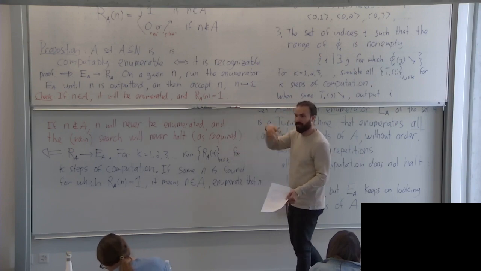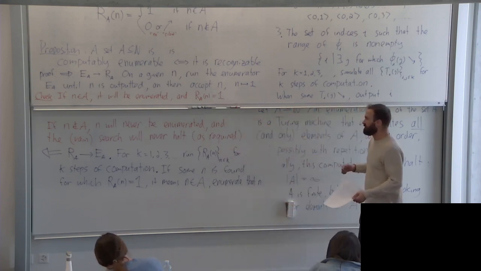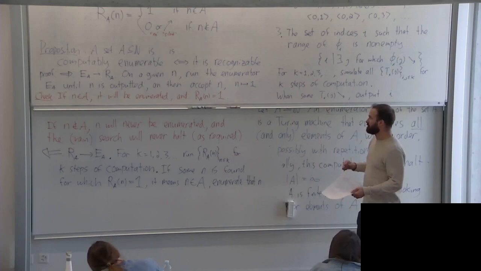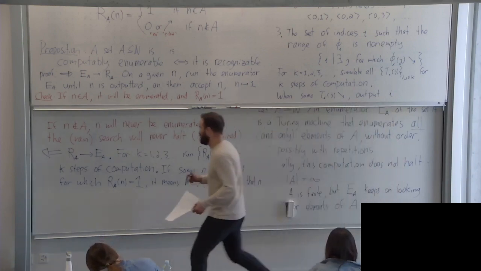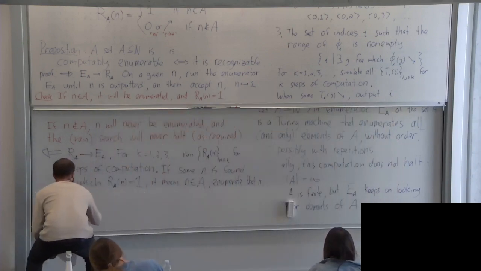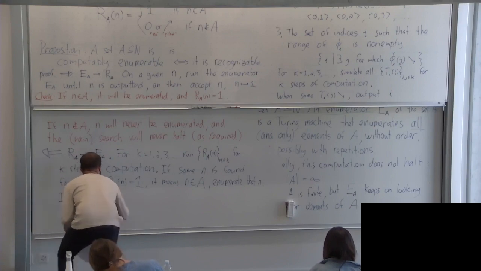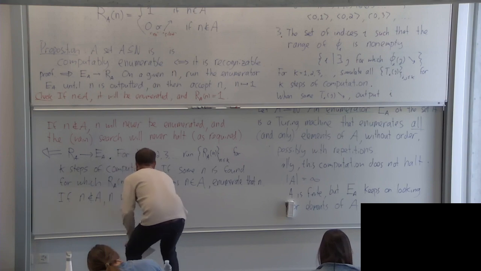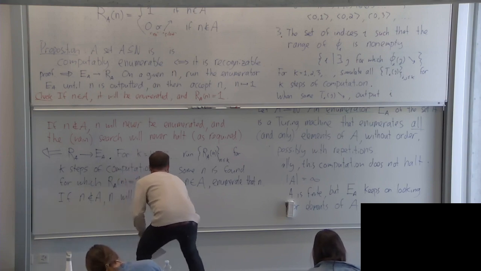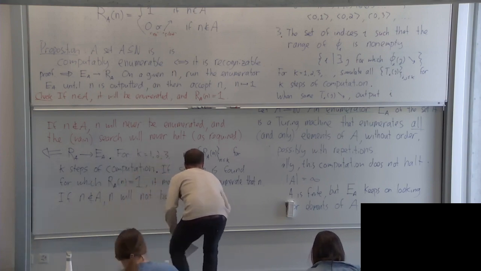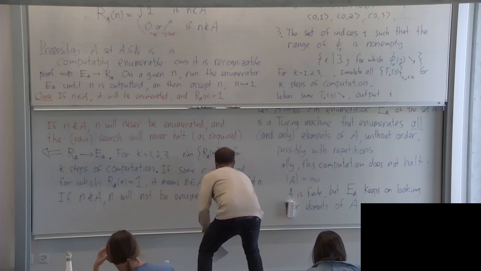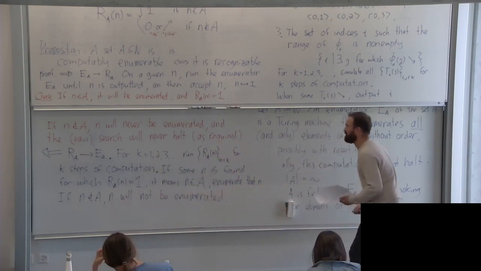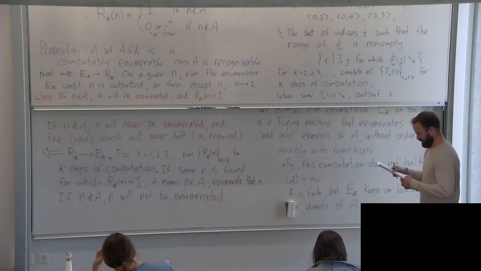You will never output it in your enumeration of all elements of A. If n is not in A, n will not be enumerated. There's a few holes to fill up for yourself, but it should be good.